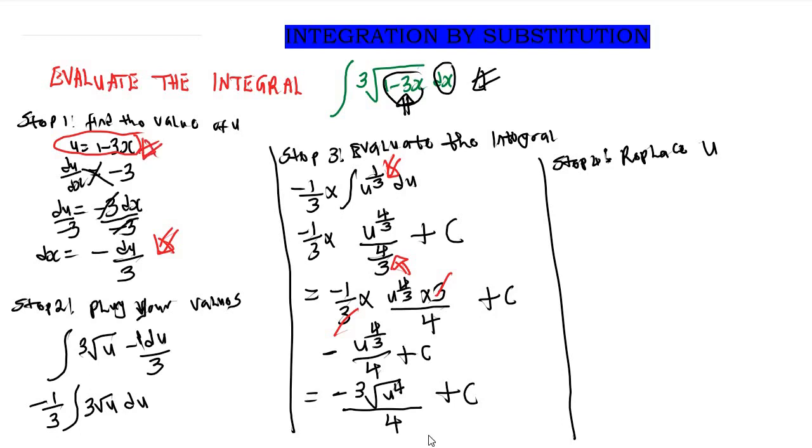So this is going to be equal to negative the cube root of, instead of u, 1 minus 3s, raised to the power of 4, divided by 4, plus c. This is going to be the answer. So this is how we can evaluate an integral using integration by substitution.